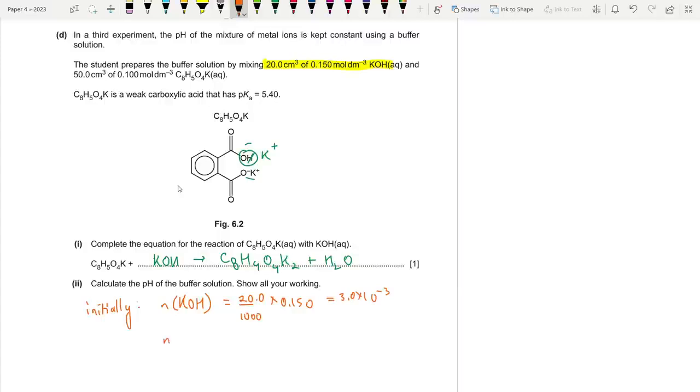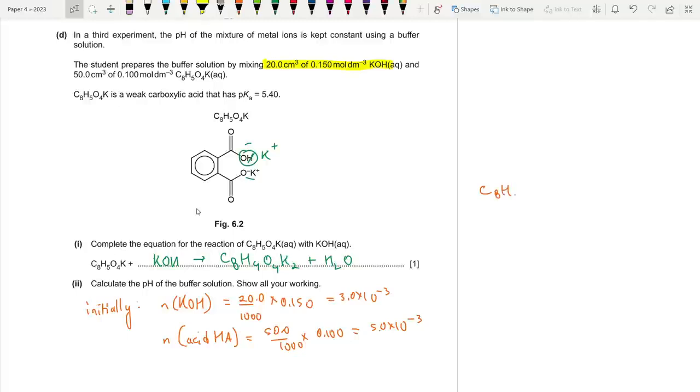And what about the moles of acid? It was actually 50 by 1K times 0.100, which gives you a value of 5.0 into 10 to the power minus 3.